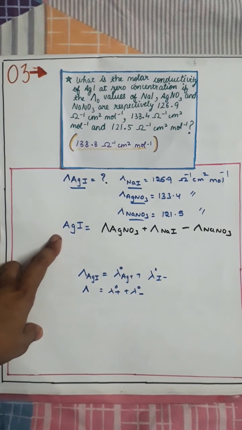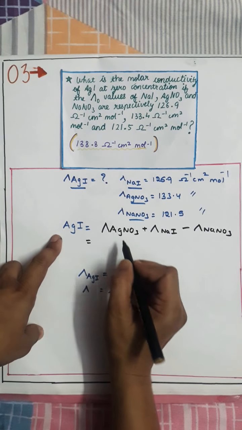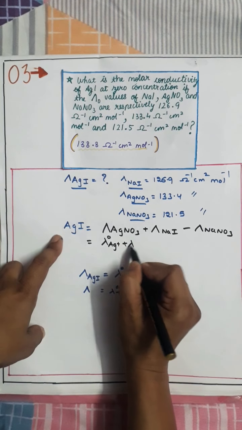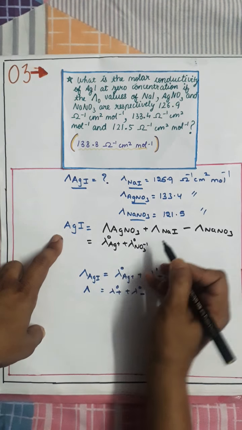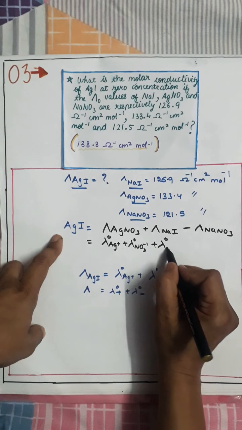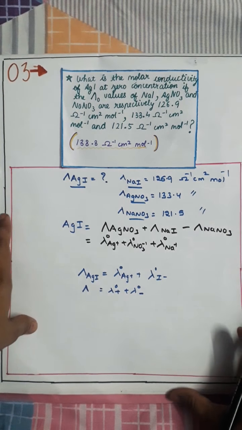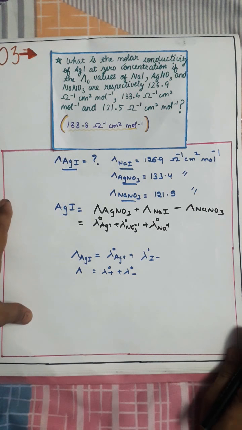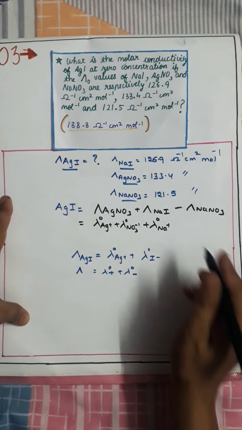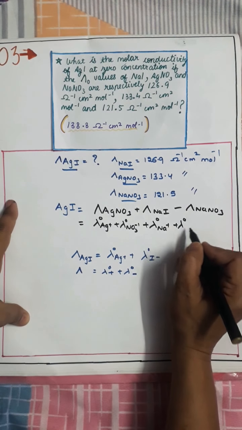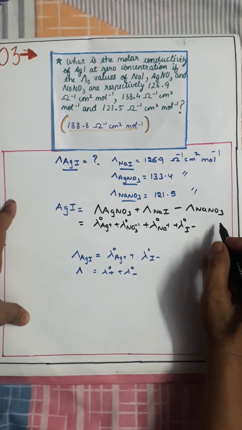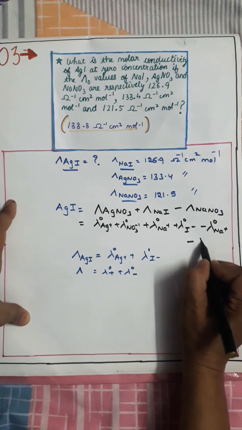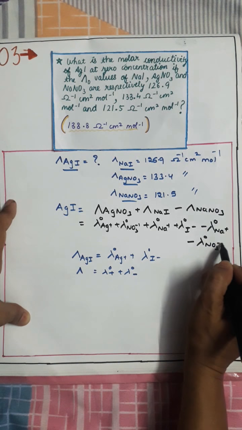Now we will write here the molar conductivity of Ag plus plus the molar conductivity of NO3 minus plus the molar conductivity of Na plus plus lambda I minus, then minus lambda Na plus minus lambda NO3 minus.